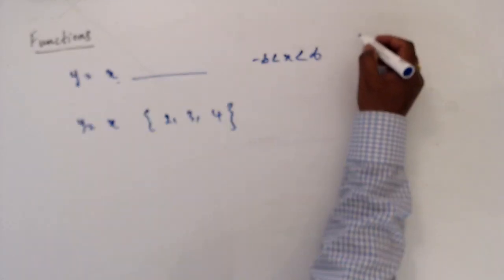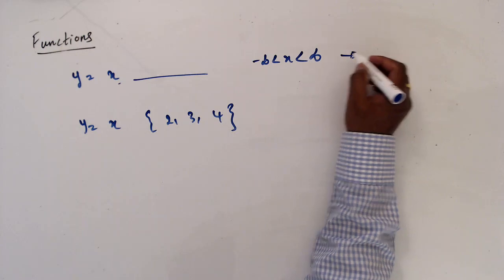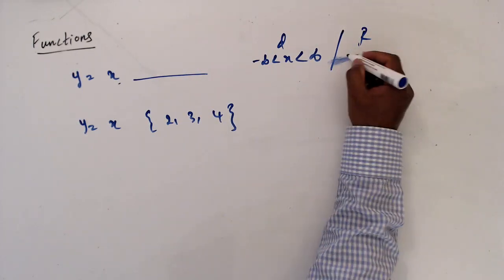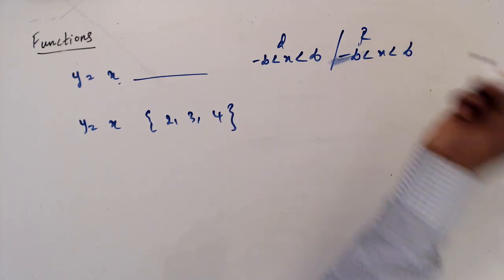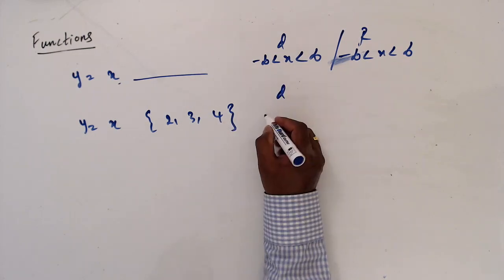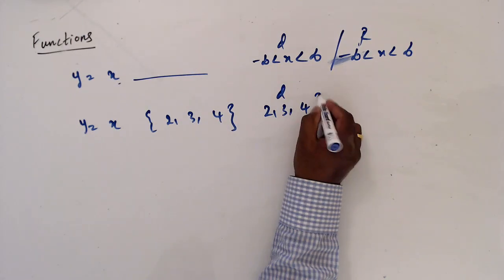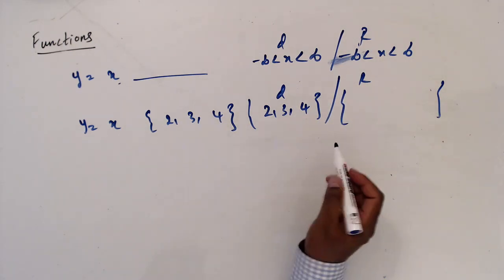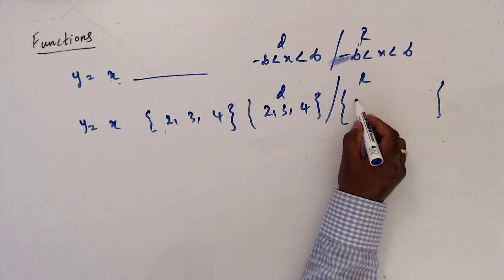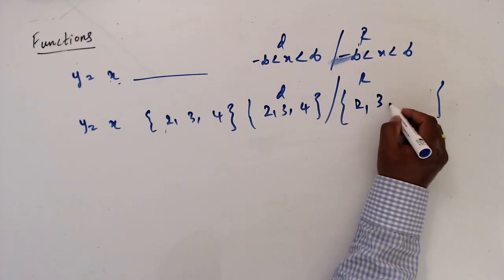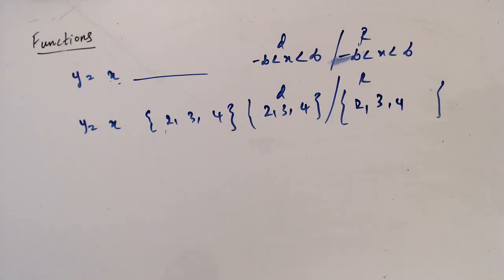For the first one, the range is going to be minus infinity to infinity. But for this one, the domain is already given as 2, 3, 4. Then the range is going to be accordingly. So when you put 2, you will get 2. When you put 3, you will get 3. And when you put 4, you will get 4. So this is the range for this one.